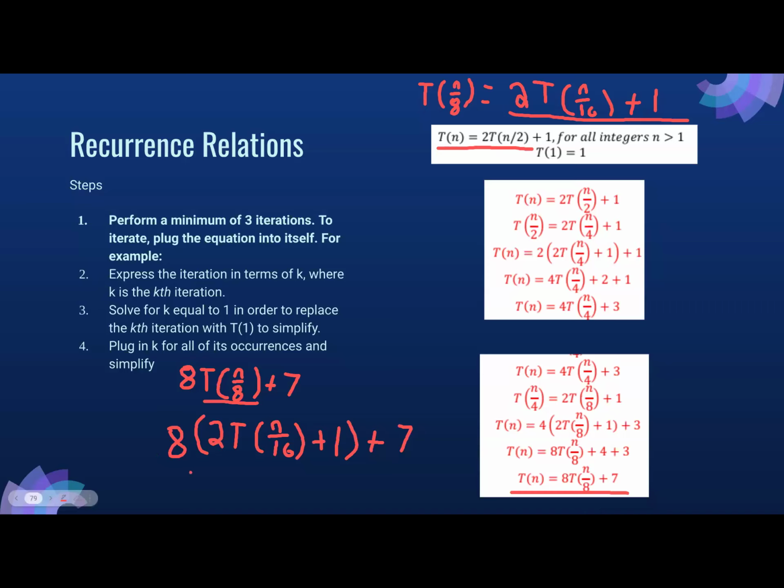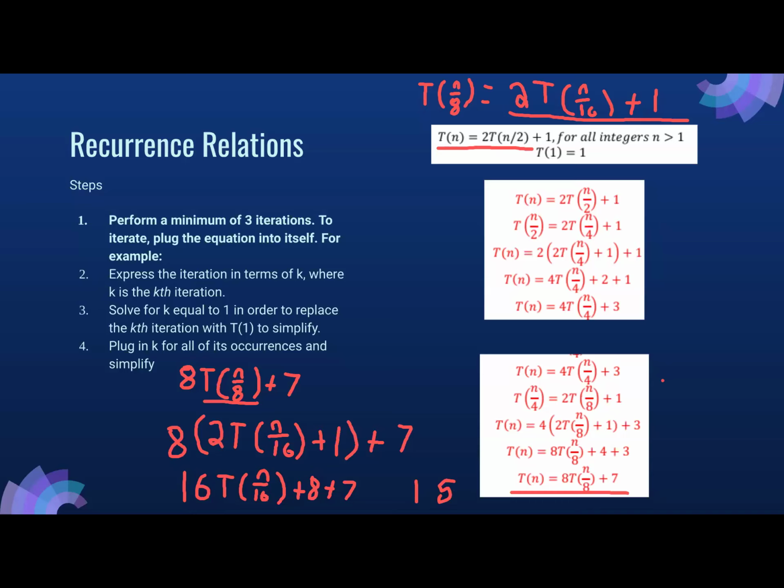We just now need to distribute this 8. So this will end up becoming 16t n over 16 plus 8 plus 7, and this actually equals 15, right?